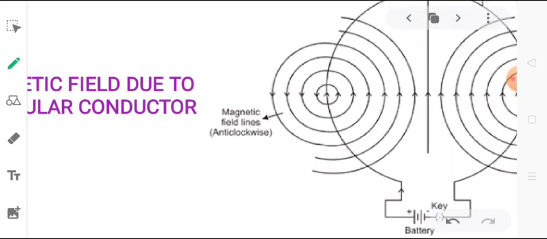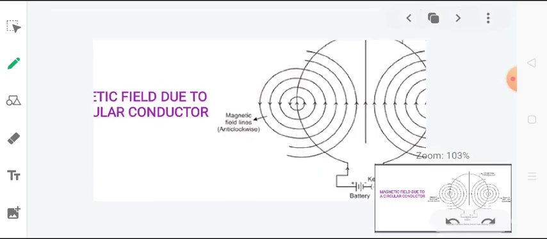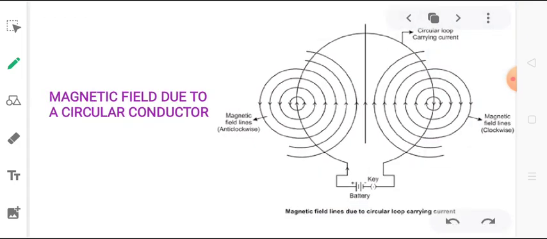Similarly, in the second part of the wire, we can see that since the current is flowing in the downward direction, the field is in the clockwise direction.